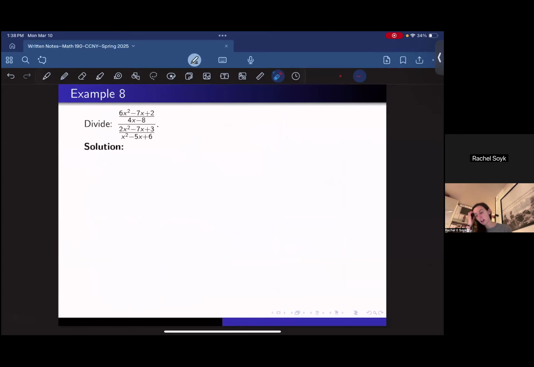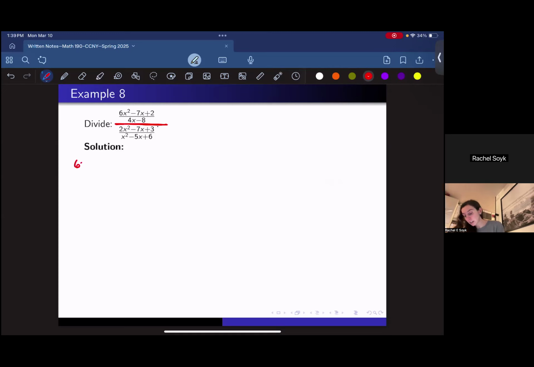So let's look at example 8, where we are dividing a fraction by another fraction. So let's maybe look at this from the keep, change, flip perspective. So it looks a little easier. The main division sign is the one that I just highlighted in red.